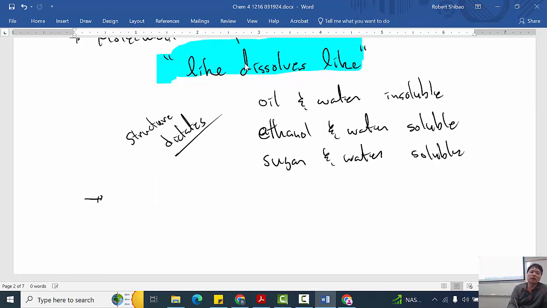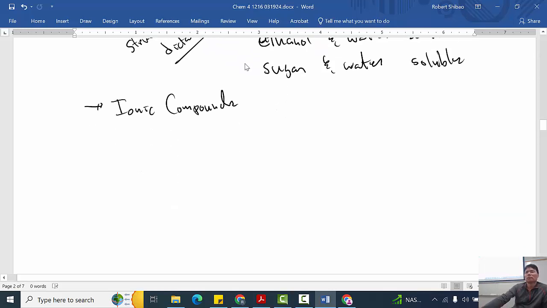What we're going to cover now are the solubility rules for ionic compounds. I like to use these, but your book has a different set of solubility rules. These are later in chapter something. I'm going to introduce them now.